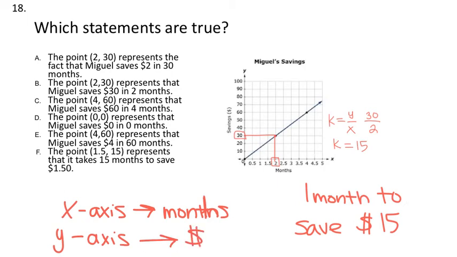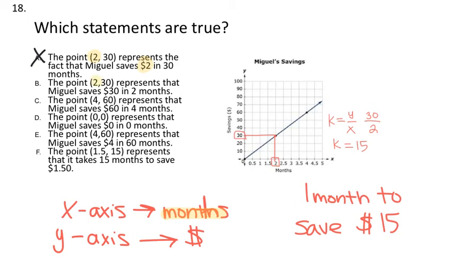So, if you're looking at your x value right here, it would be considered a 2. This 2 must represent months. So, does the 2 represent months? No. Therefore, this answer is wrong. Same thing here.